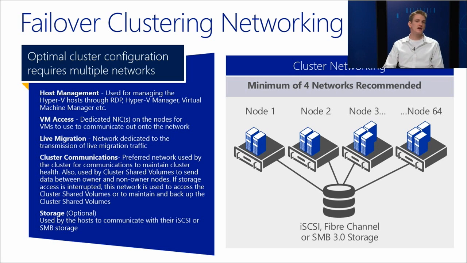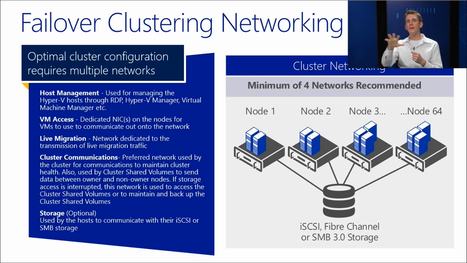When we're designing our cluster networks, the key thing to think about is separating them by usage. You're going to have one network for live migration, where we're pushing a lot of traffic through the network as fast as possible. We're going to have a separate network for our internal cluster communication, including our heartbeat mechanisms.